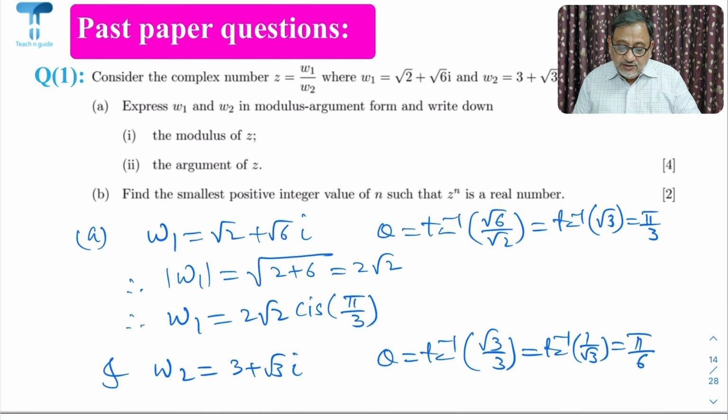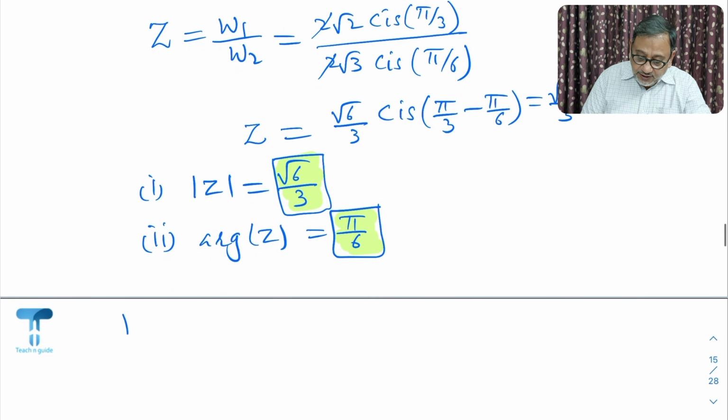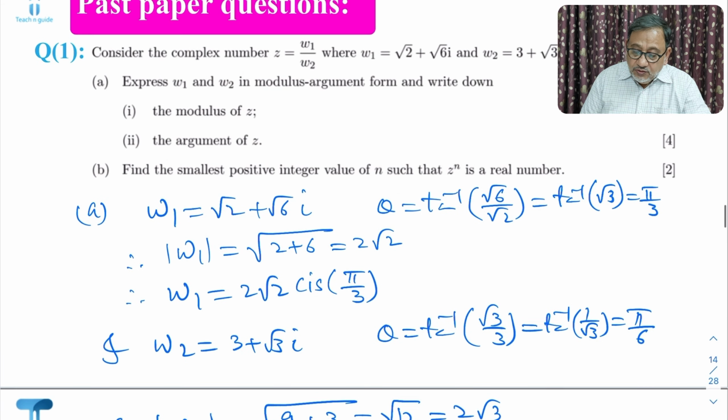B part says find the smallest positive integer value of n such that z to the power n is a real number. It means there will be no imaginary part. So only the real part we want. So first let me write the nth power of z. Look here in B part, we only want a real number.